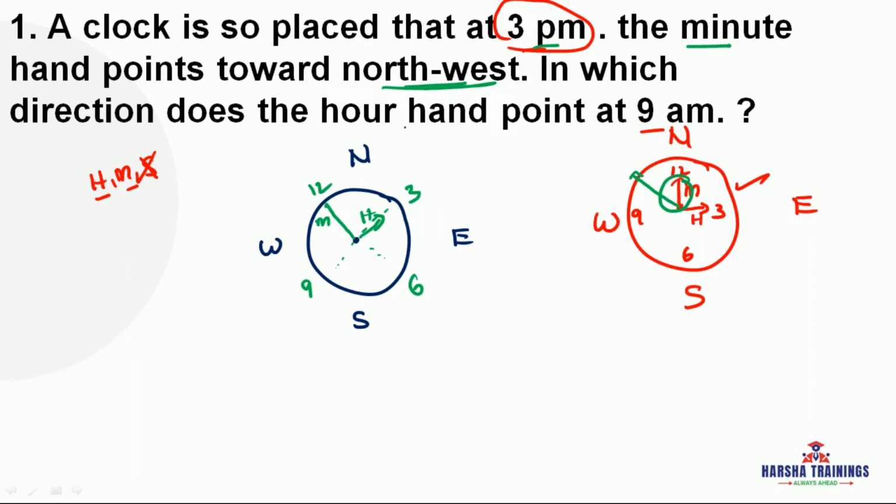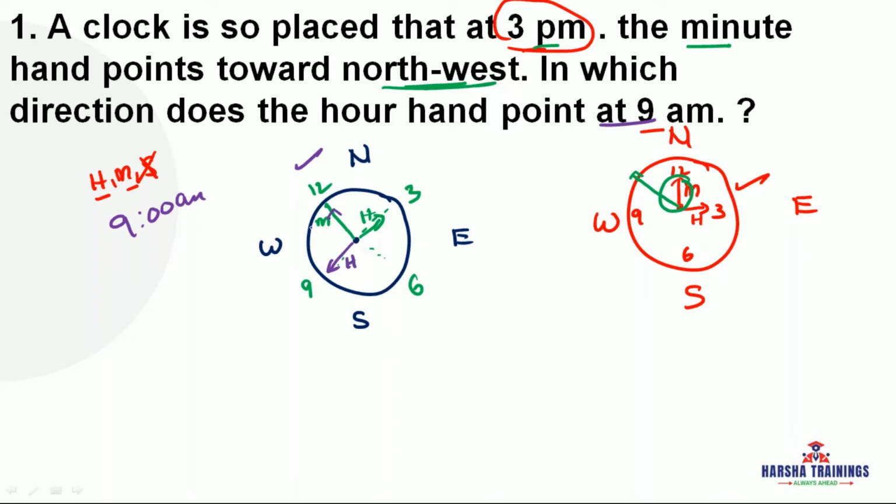In which direction does the hour hand point at 9 a.m.? With the clock hands in this position, at 9 o'clock, which direction does the hour hand show? At 9 o'clock the minute hand shows the 12 side and the hour hand shows the 9 side.